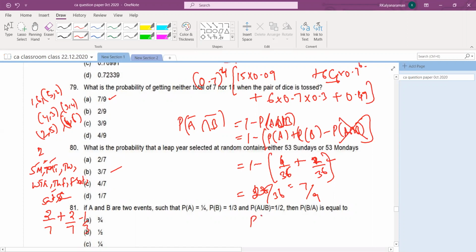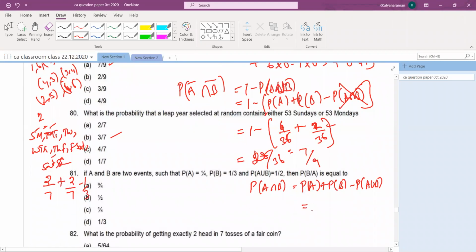Here P of A intersection B we have to find. So P of A union B is P of A plus P of B minus P of A intersection B. So it will be 1 by 4 plus 1 by 3 minus 1 by 2.